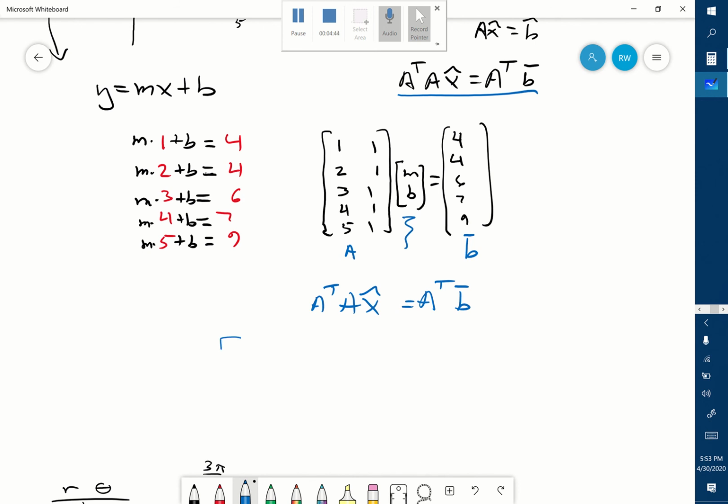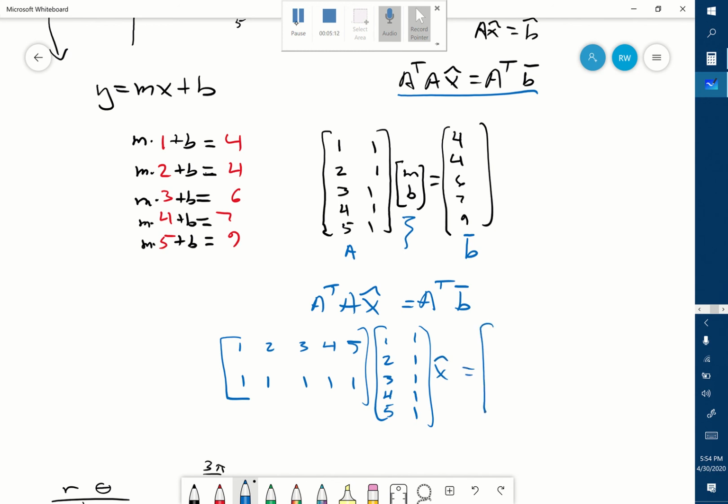But really what you're doing is you're going to transpose A, so the first column becomes the first row, and then multiply with A itself, times x hat, is equal to A transpose again times b.